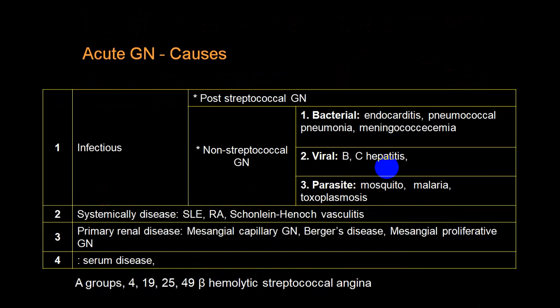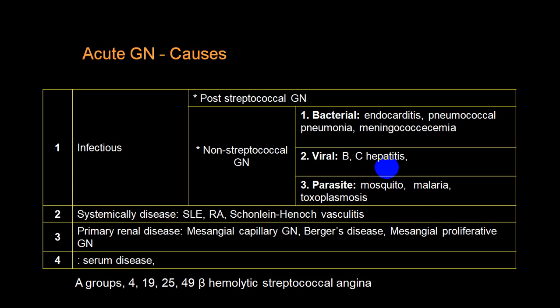In infection, we divide into two big groups, post-streptococcal or non-streptococcal. Post-streptococcal is group A beta hemolytic streptococcus, types 4, 19, 25 and 49.